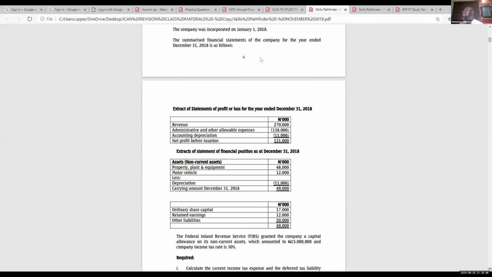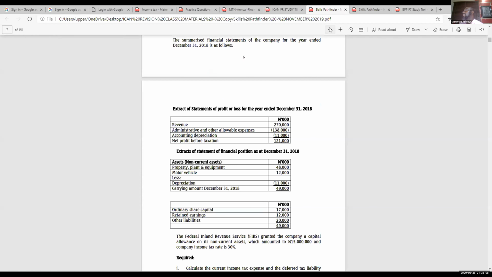Let me try and reduce it so that I can fit one page.